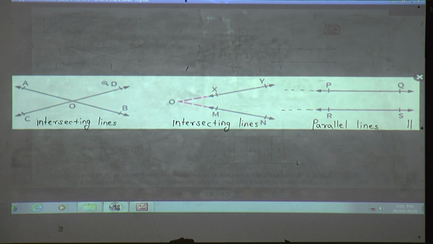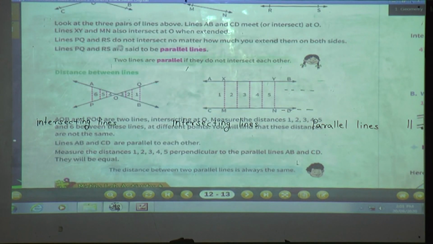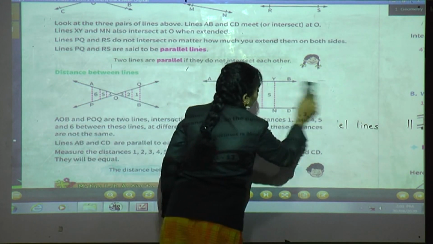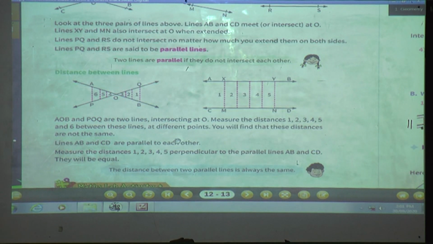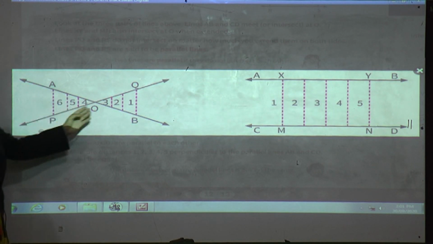Now see the next one. Distance between lines. Here is one figure. Which lines are they?